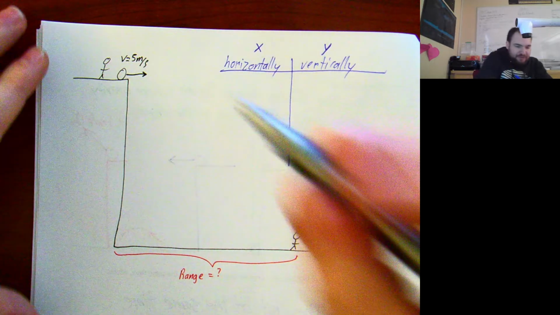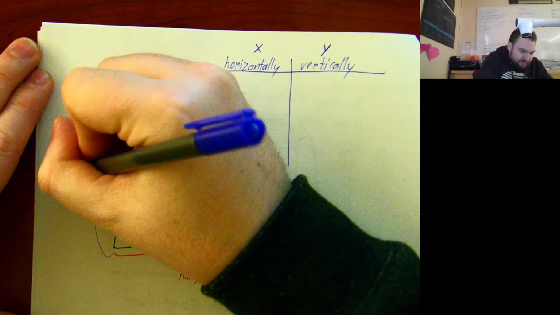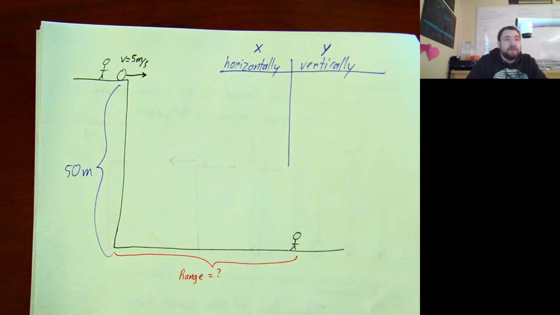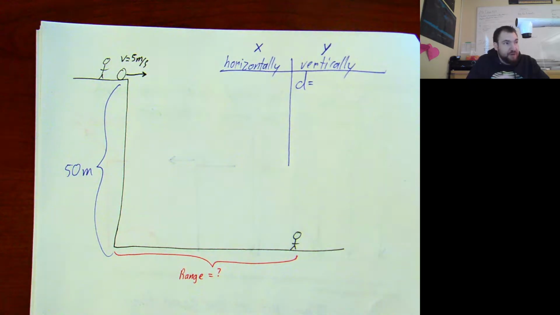Oh, and I haven't told you how tall the building is. This is a 50-meter building. So, 5-story building. What do we know? The vertical distance is 50 meters. So the displacement vertically that the ball is going to travel, it's not 50.